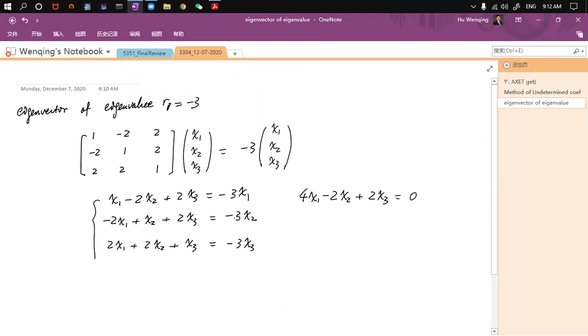And for this equation, you're going to have minus 2 times x1 plus 4 times x2 plus 2 times x3 is equal to 0. And this equation is going to give you 2 times x1 plus 2 times x2 plus 4 times x3 is equal to 0. Is that good, family? Okay, so that's going to be these 3 equations.